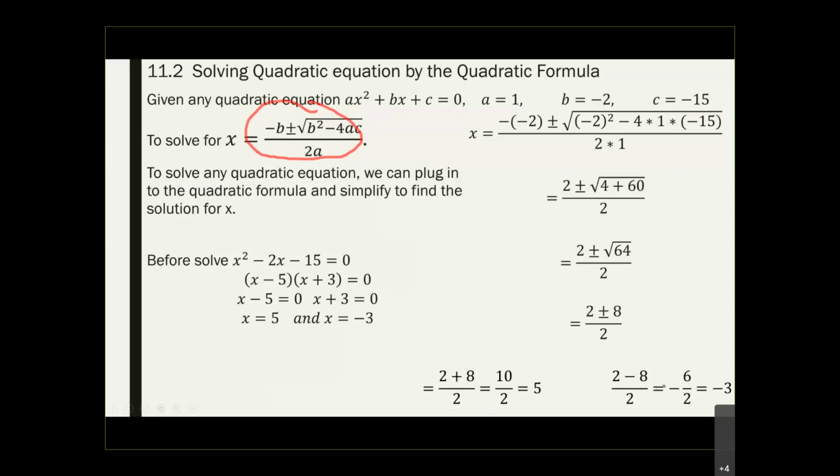It's not 6. I got it there, the negative on the outside, I didn't see it. -6 divided by 2 gives me -3. As you can see, the two answers are the same as before: x equals 5 and x equals -3.